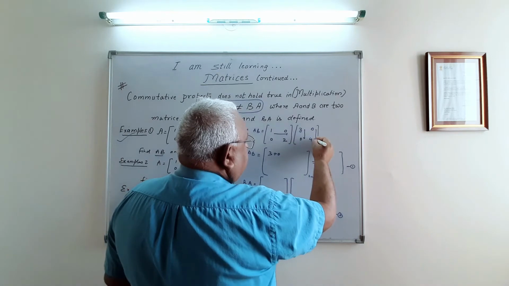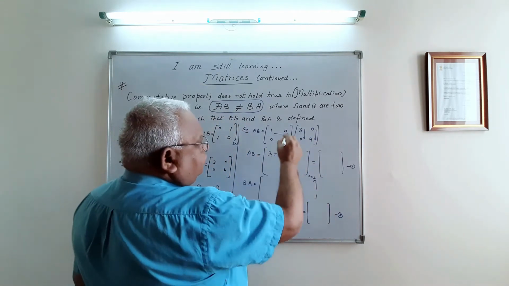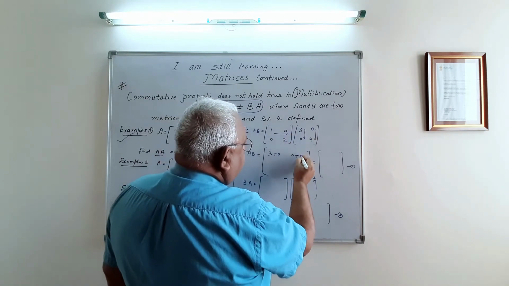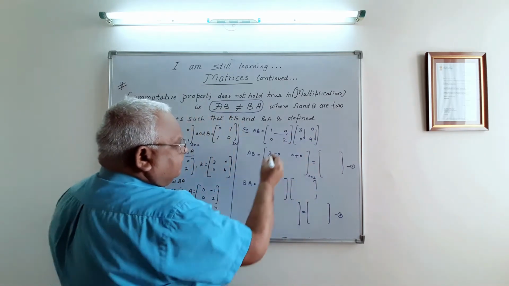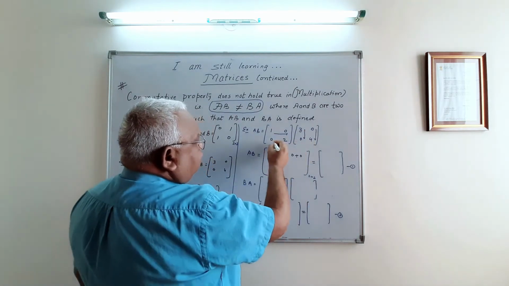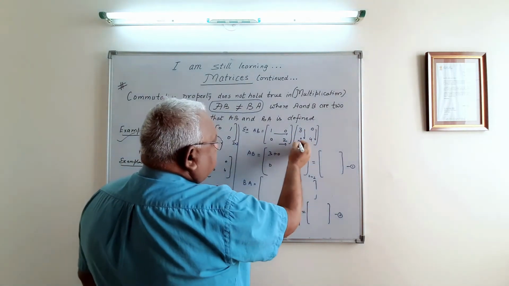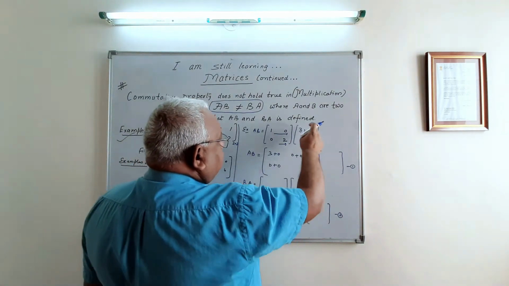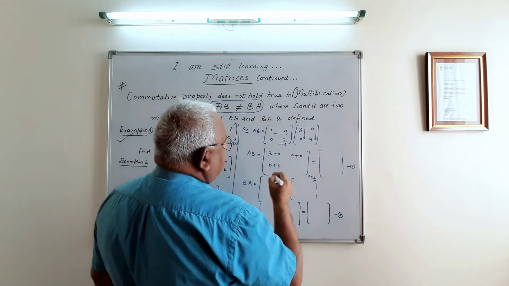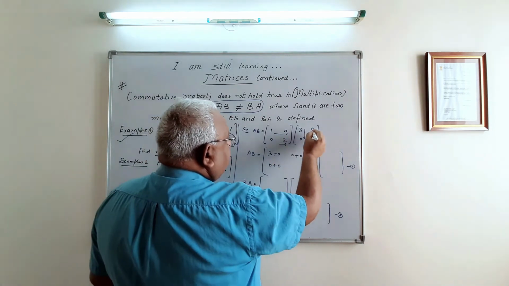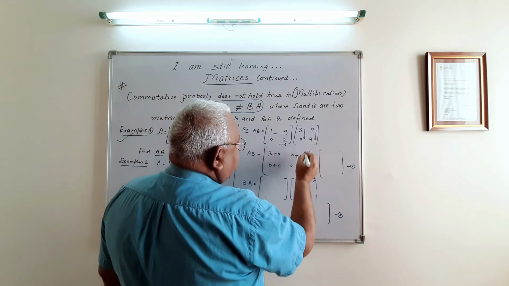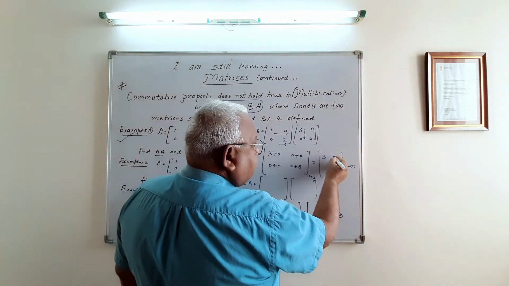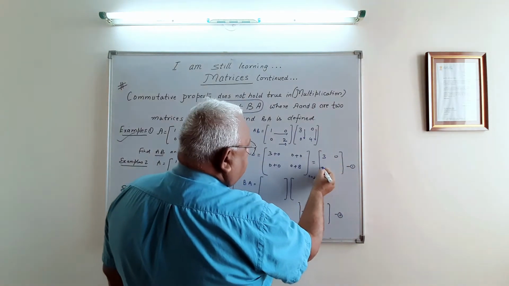First row, second column: 1 into 0 is 0, plus 0 into 4 is also 0. Then second row, first column: 0 into 3 is 0, 2 into 0 is also 0. Then second row, second column: 0 into 0 is 0, 2 into 4 is plus 8. So the resultant is [3 0; 0 8].